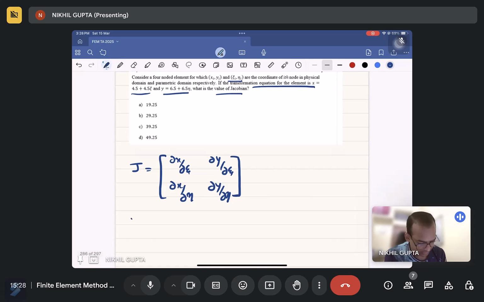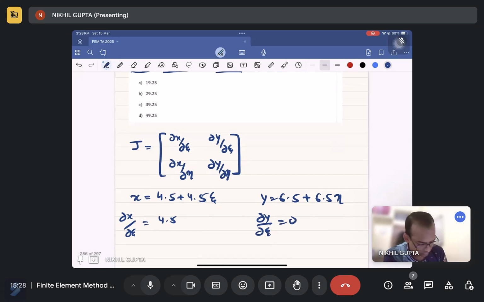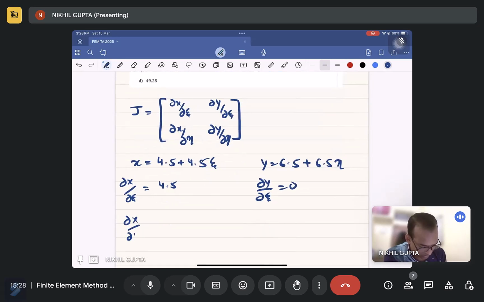Now x is given as 4.5 plus 4.5 xi, and y is given as 6.5 plus 6.5 eta. So we can calculate del x by del xi, which will be 4.5. Del y by del xi will be 0. Del x by del eta will be 0, and del y by del eta is 6.5.